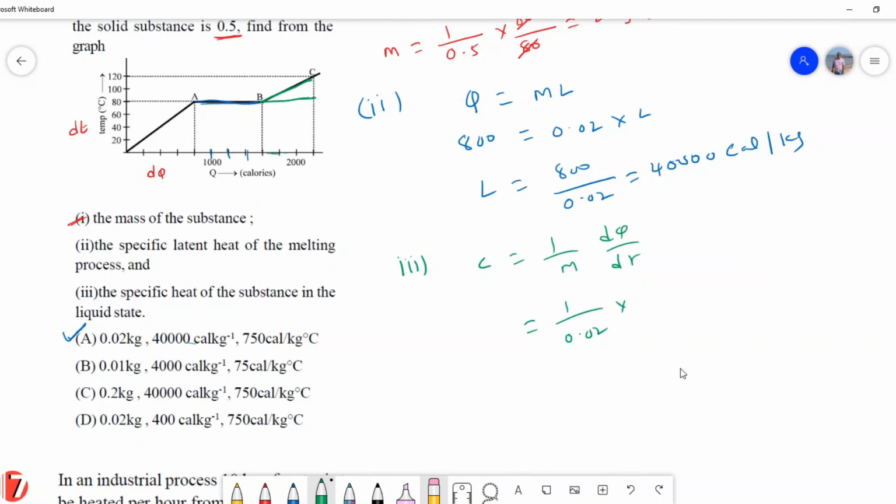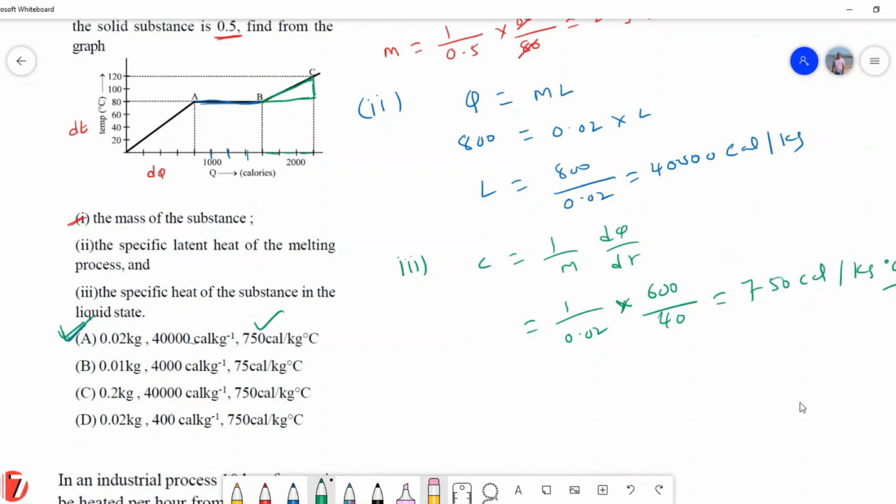During that part, 1, 2, 3, so 600 calories. So 600 by the change of temperature for this part, 120 minus 80 is 40. So this will be 750 calorie per kg per degree centigrade. Clearly, this is the right answer, so option A is the correct option.